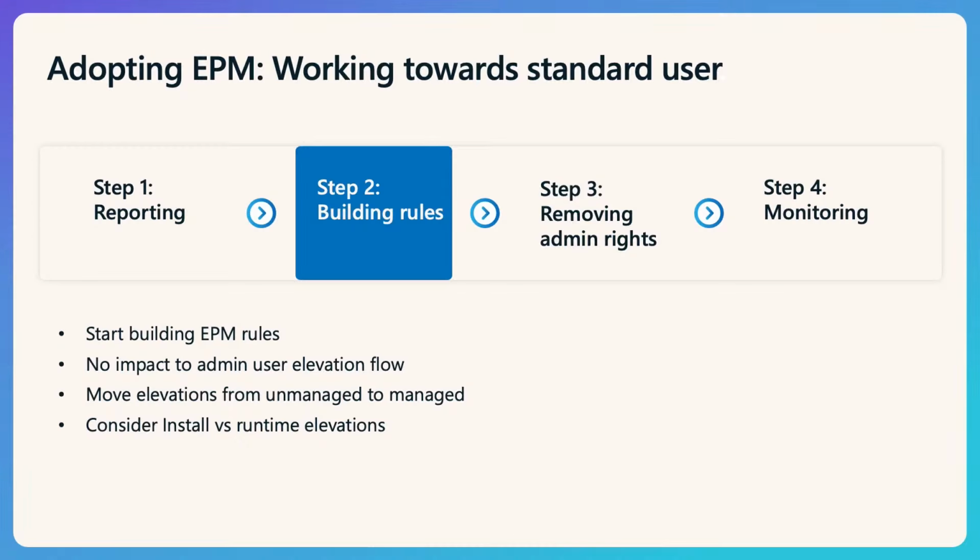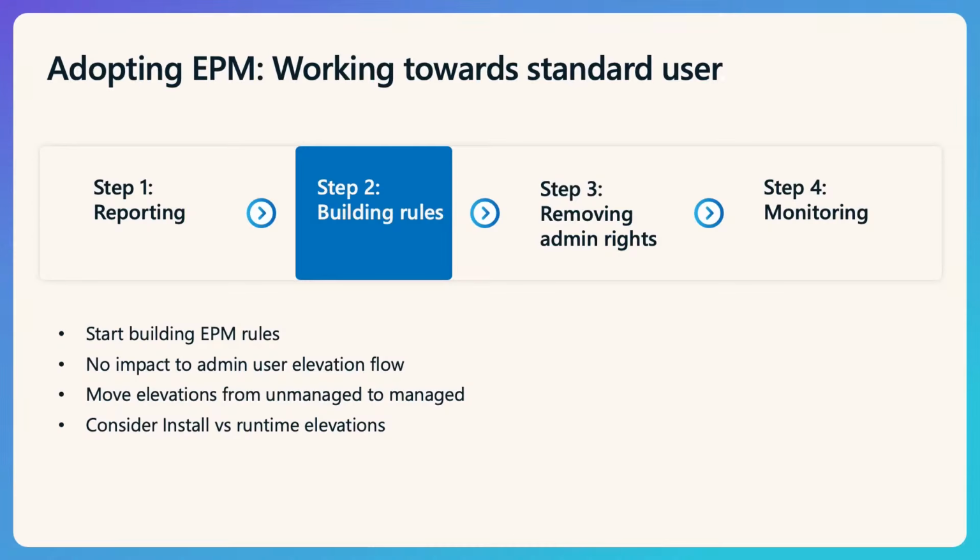You also need to consider, when you create rules, what needs to be in install time and what needs to be in runtime. So install time usually means that you can use our support approved as the backstop, where runtime is something that the end user needs to do all the time.